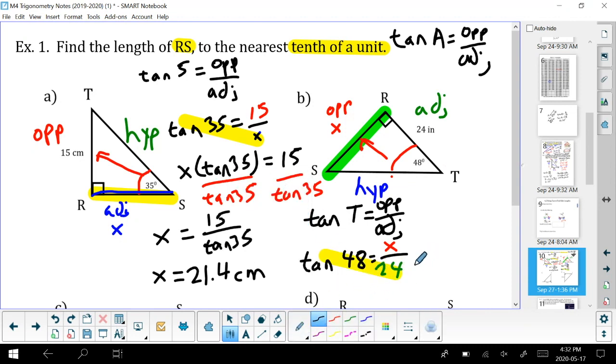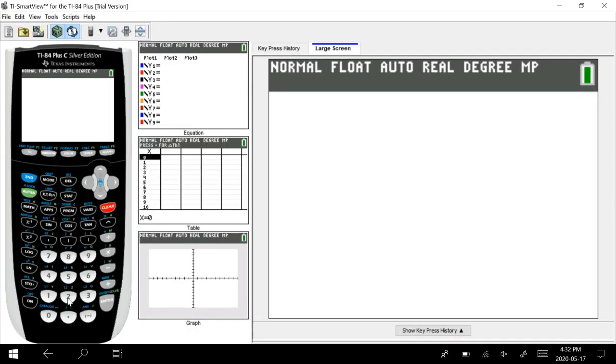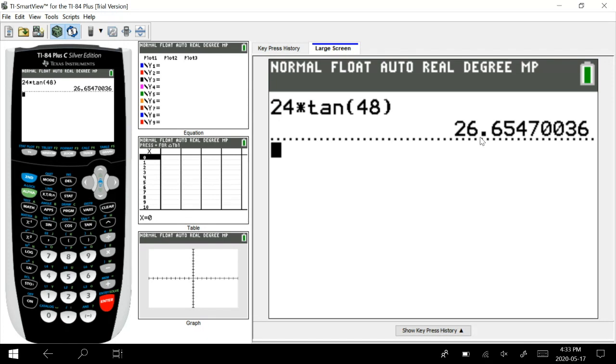And I'm a little tight on room here. So you've got 24 times the tangent of 48 is equal to x. So if I plug that into my graphing calculator, 24 times the tangent of 48, that gives me 26.65.